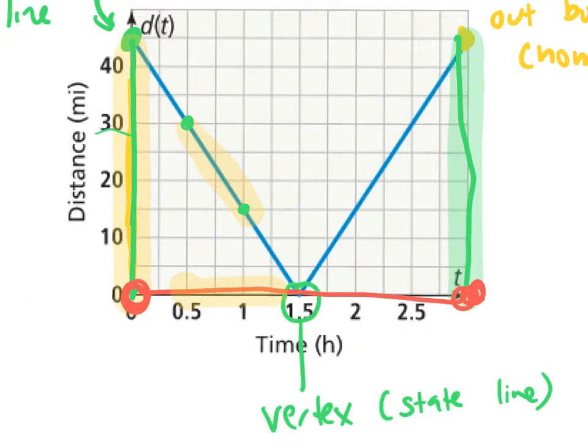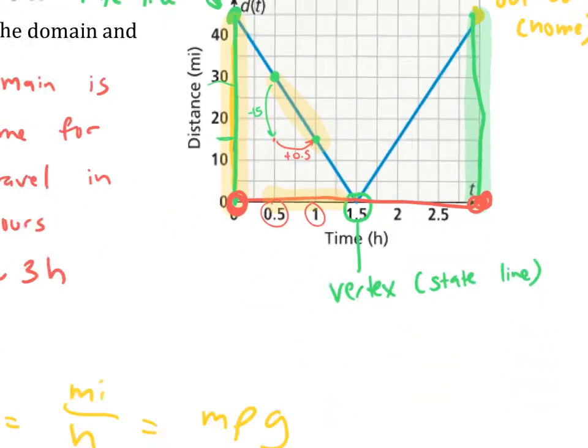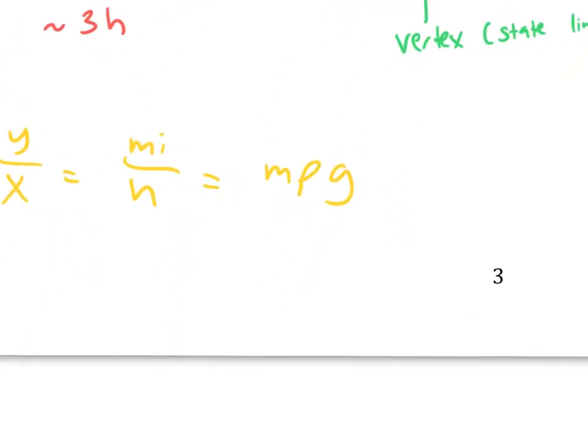Well, here's 30 to 15. So it goes down 15. And how much to the right does it go? It goes from 0.5 to 1, so it goes over a half. So let me write that down as a fraction. My slope is down 15 and right a half.